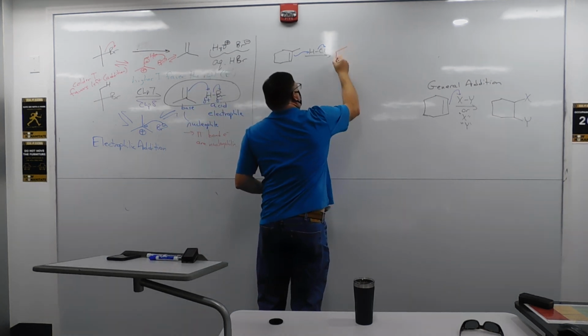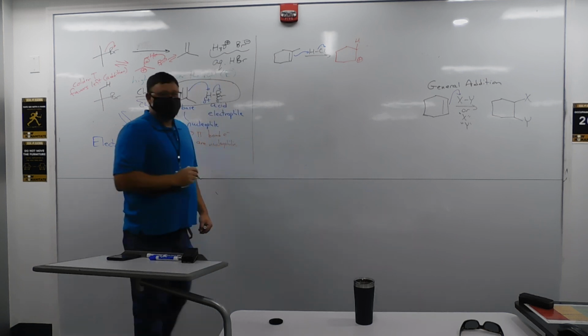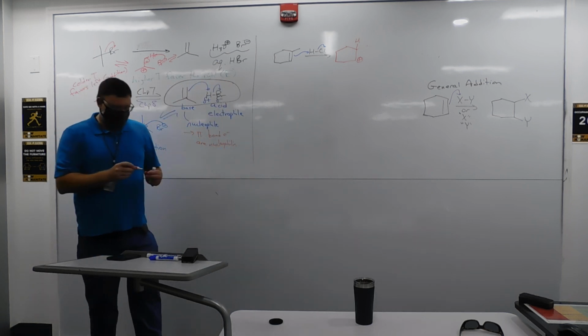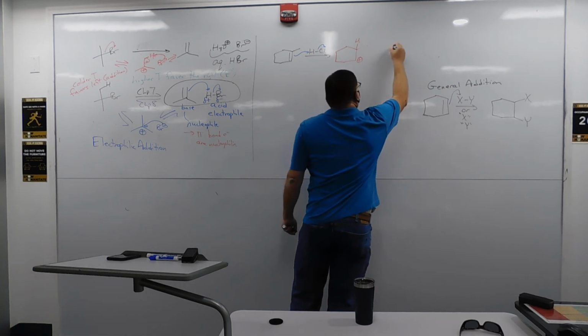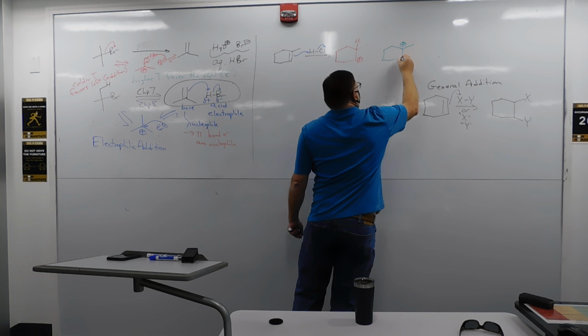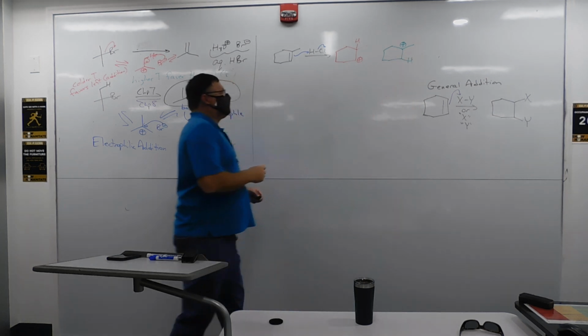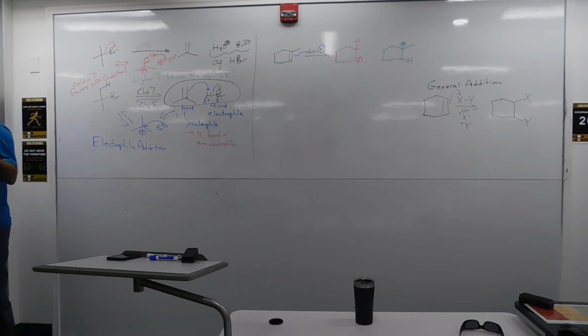Option 1, we put the H on the more substituted carbon and the positive charge on the less substituted carbon. Option 2, we put the H on the less substituted carbon, and we put the positive charge on the more substituted carbon.